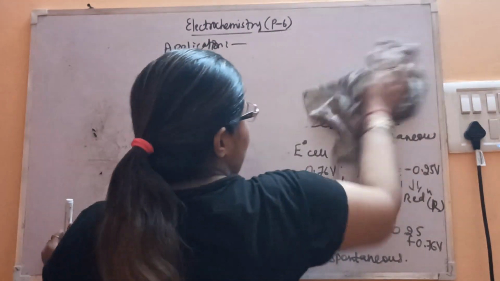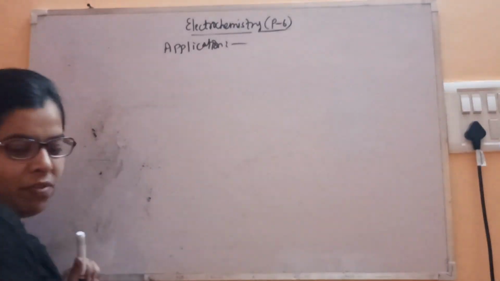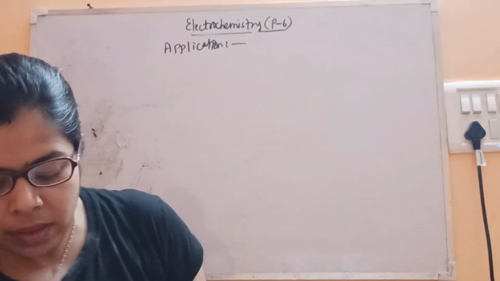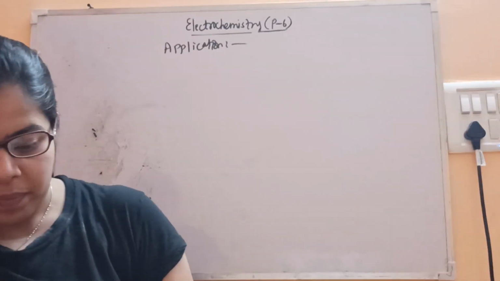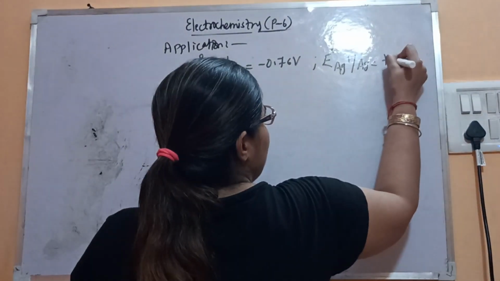So let's take the next combination. The value is given. Let's say for zinc we already know minus 0.76 volt, and for silver it is given plus 0.80.